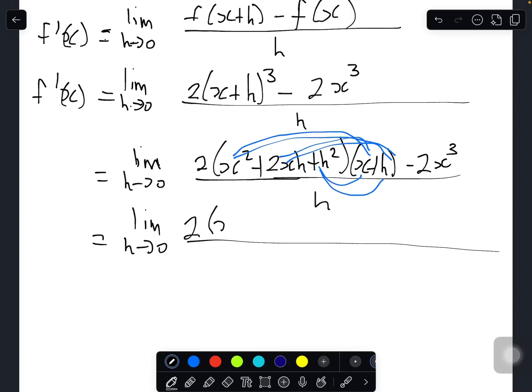I'm going to get x to the power 3 plus x squared h.